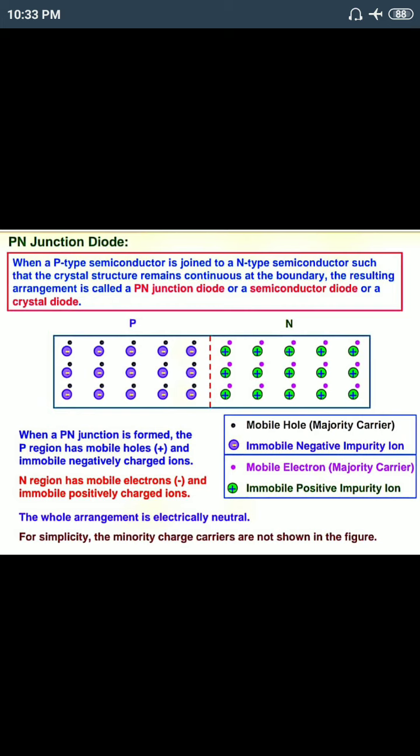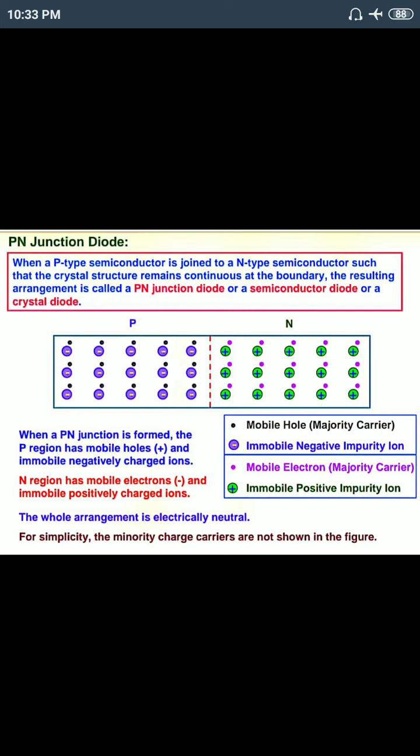Okay, so when a p-n junction is formed, the p region has mobile holes and immobile negative charge ions, and the n region has mobile electrons and immobile positive charge ions. This whole arrangement is electrically neutral, that means no external electric field is applied in this condition.